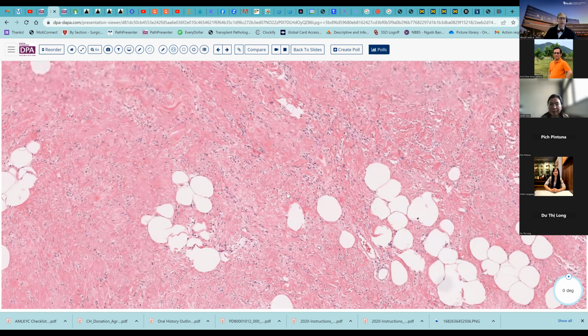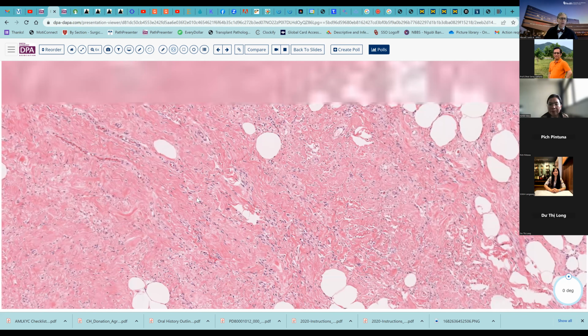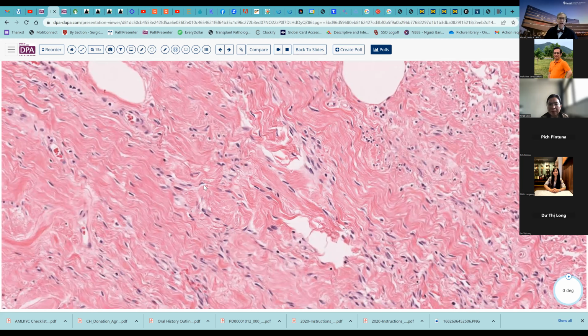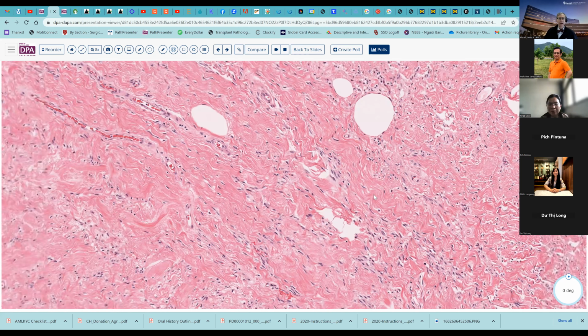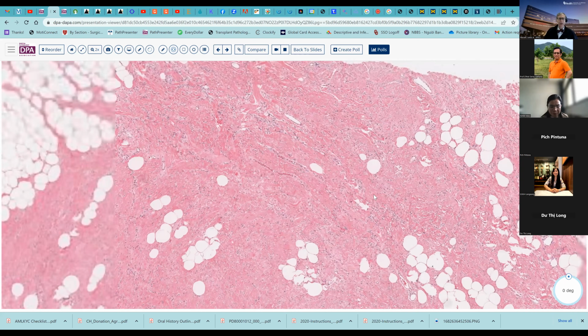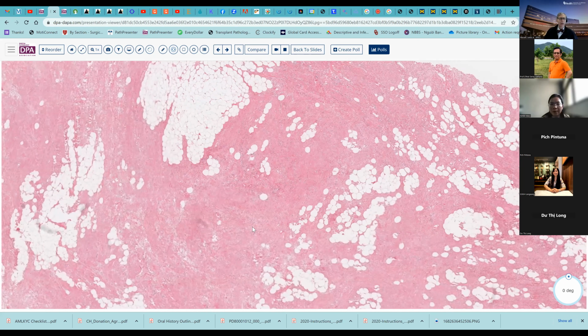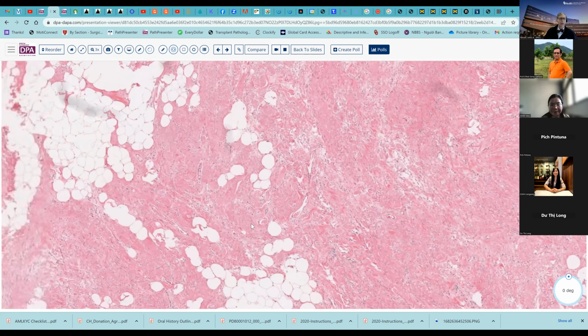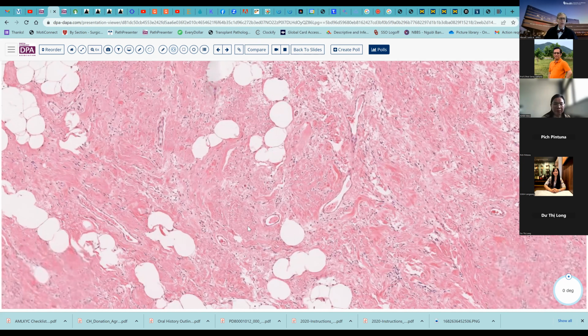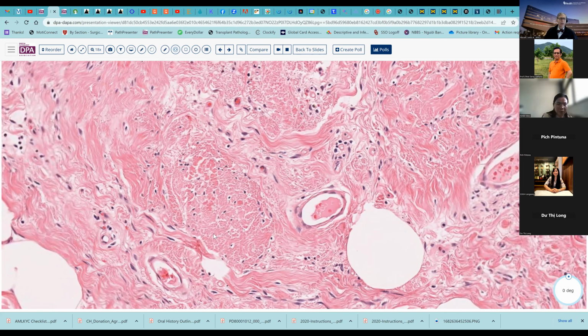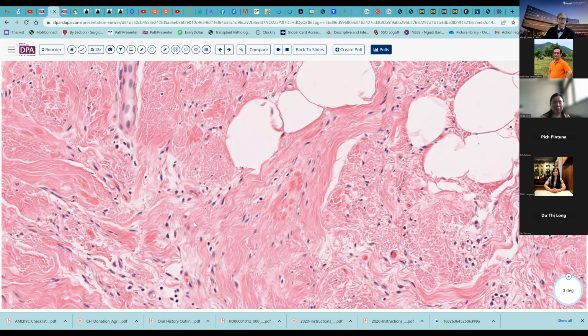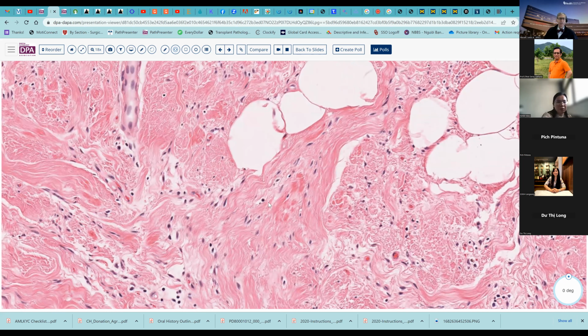And gives you another entity to consider depending on the location, the age, and the clinical circumstances. So there you see how collagenous it can be, and these fibroblasts here can be very, very bland.